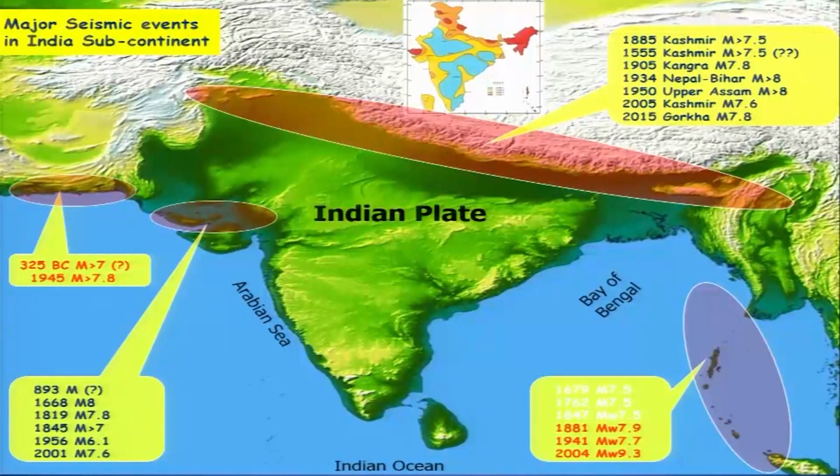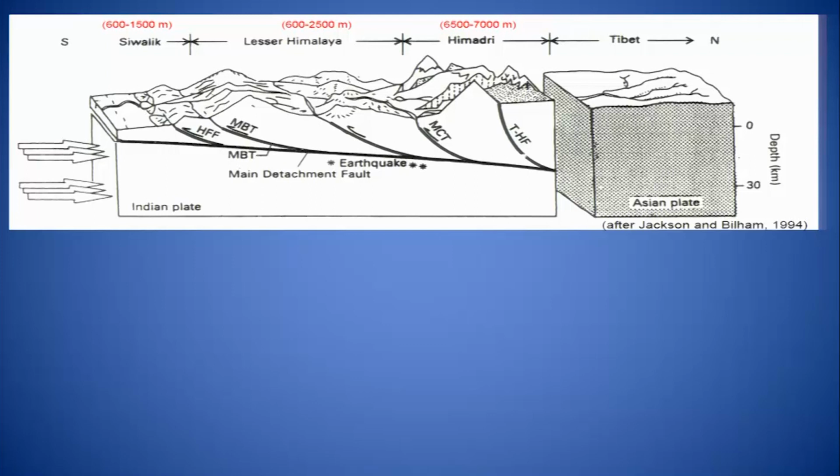So we know this, but the only point is which area is going to host the next earthquake in the near future. That is another important point which we would like to know, and which are the sources which are available in this region.